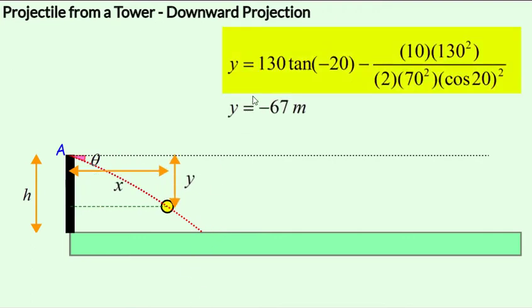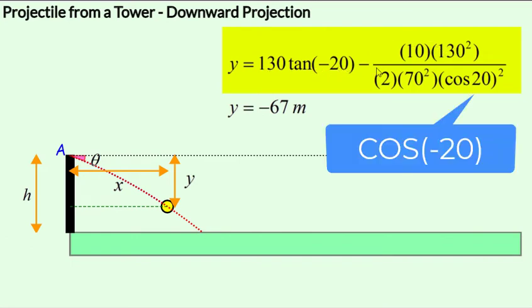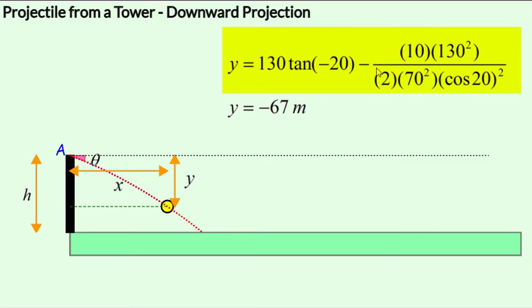We substitute 130 for x, minus 20 for theta, and 70 for v0, and we obtain y as minus 67 meters. This is the y displacement when the x displacement is 130 meters.